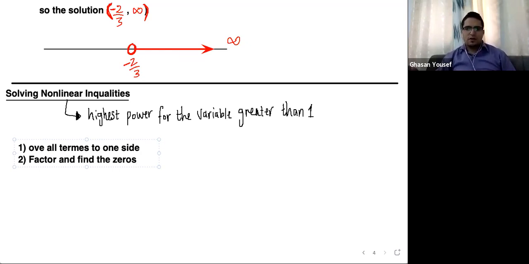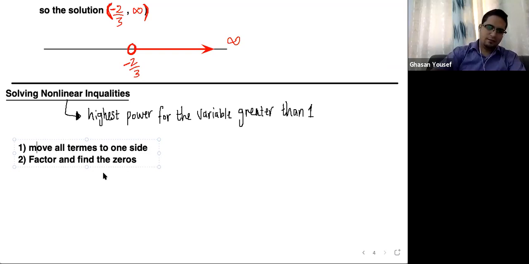Number one, move all terms to one side. Number two, factor and find the zeros. Number three, find the sign.